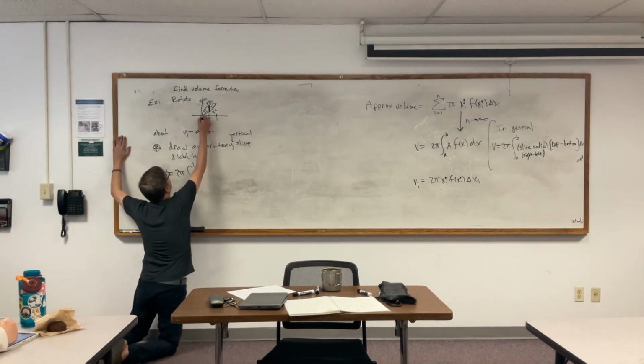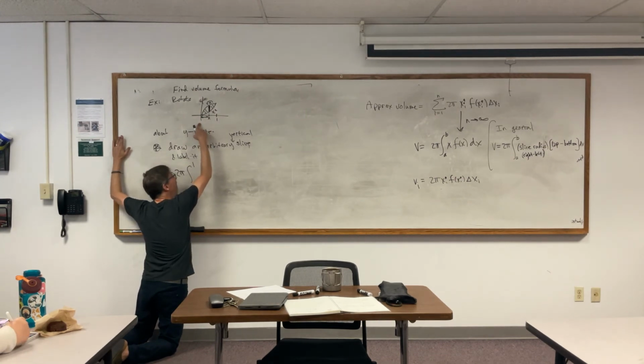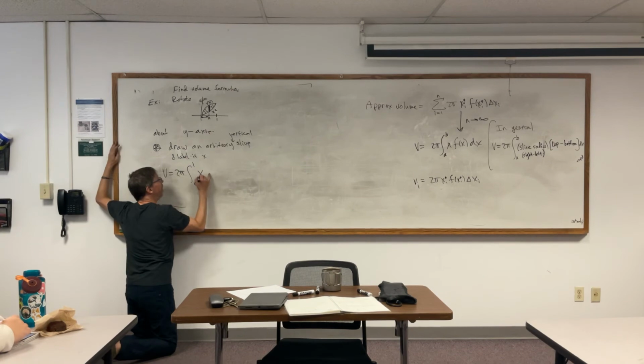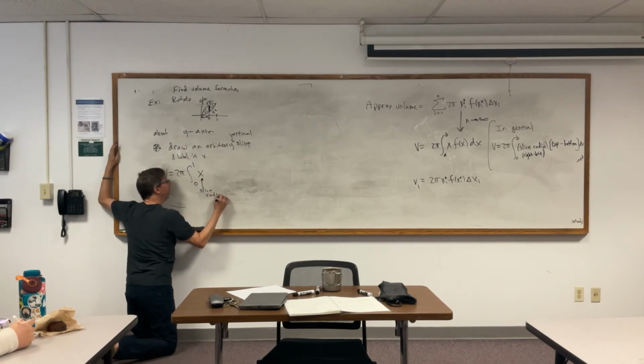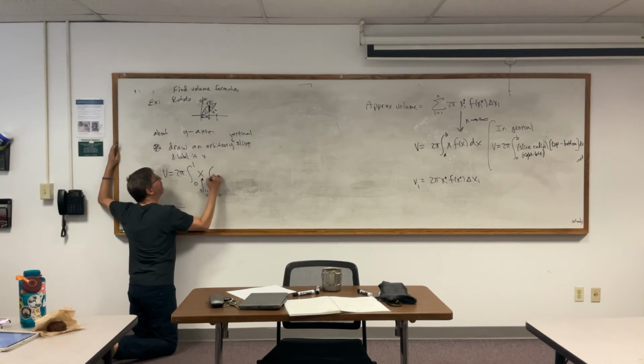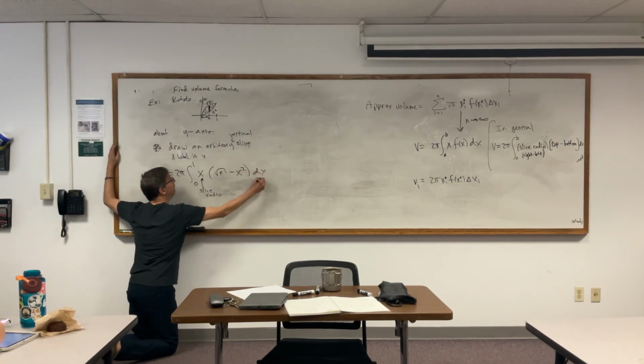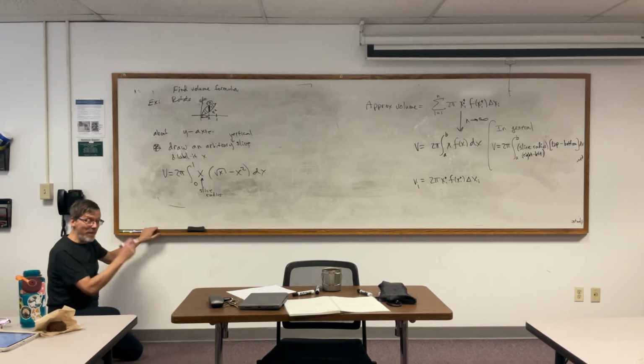Here's the radius right here: it's x minus 0, so just x, the x coordinate. Times the height of my function, which is just top minus bottom. Done. That'll give the volume.